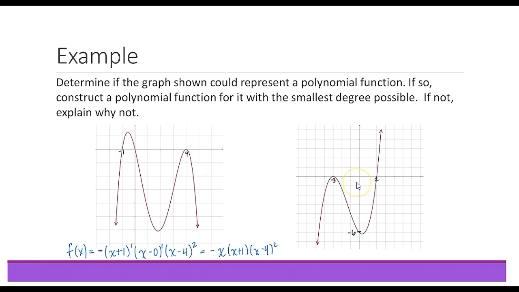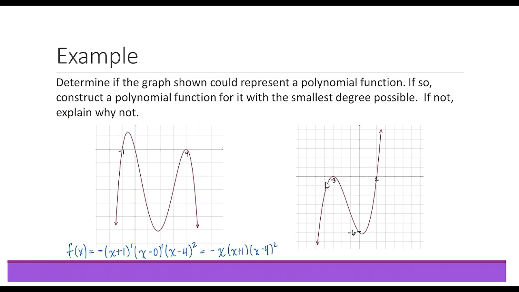Now looking at the next graph, this too represents a polynomial function because it is continuous and smooth. There's no sharp turns. So let's think about what its equation might look like. We'll start with the x-intercepts. We have -3 as an x-intercept.